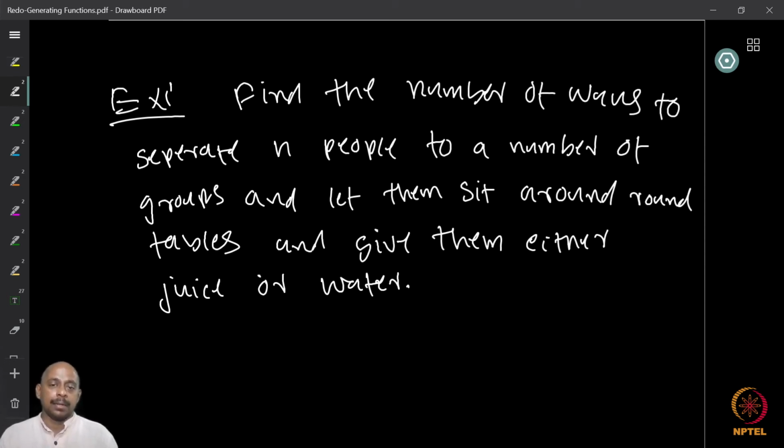Now, how many ways of doing this are there? How do you count this? We can use the same idea.